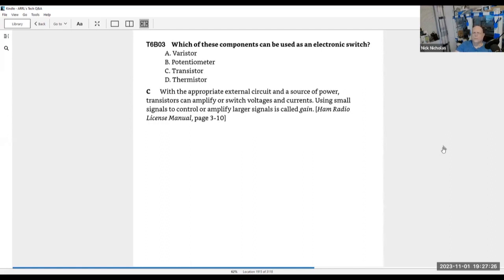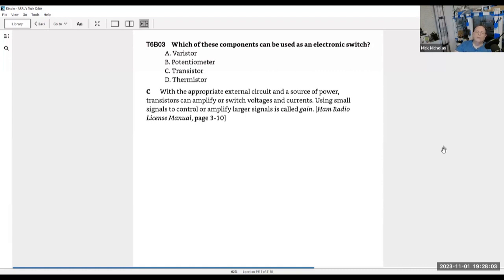So when we provide an input voltage to the transistor, the current through it in an amplifier is below the point at which it always conducts fully. Because in an amplifier, we want it to go up and down with the signal coming in. And then the output will be greater because we're passing more power through the transistor than the amount we're using to bring the transistor to the state to conduct.